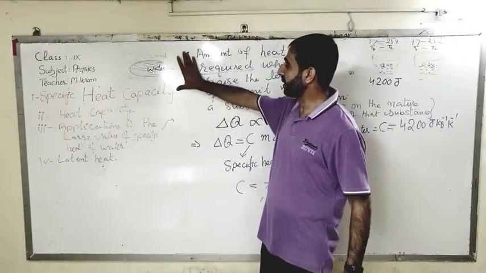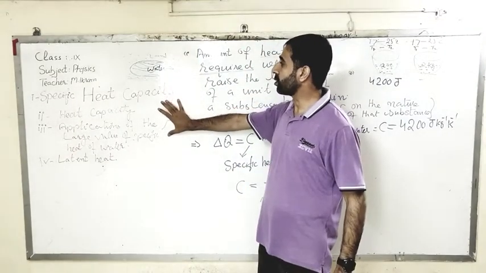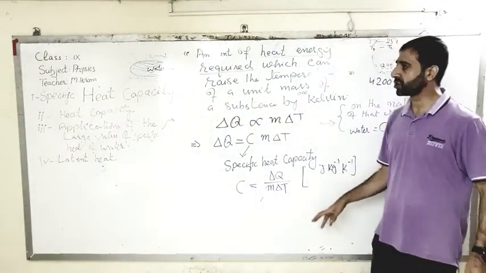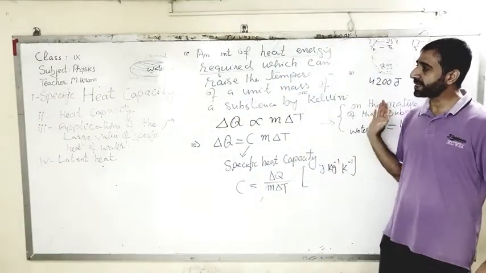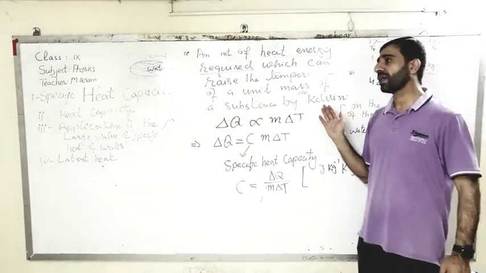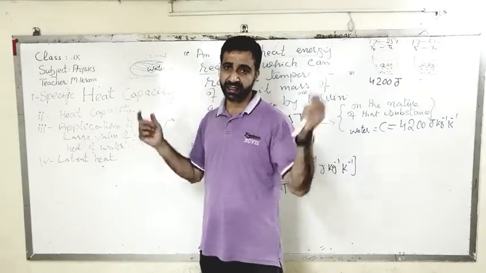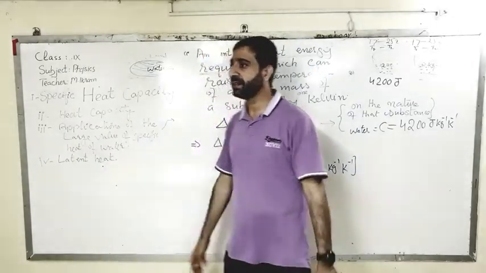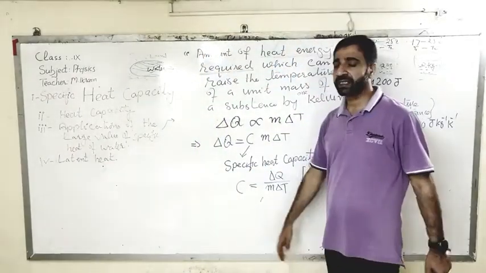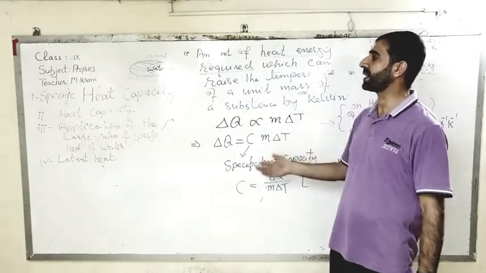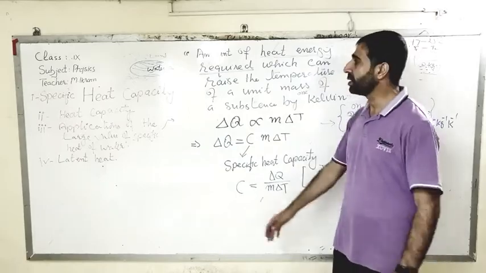So what will happen? Those substances which have higher specific heat, our experiment shows that they take longer to heat up and will take longer to cool also. In those substances, like for example steel and iron or concrete, which have low specific heat, it takes less time to heat and less time to cool too, right?